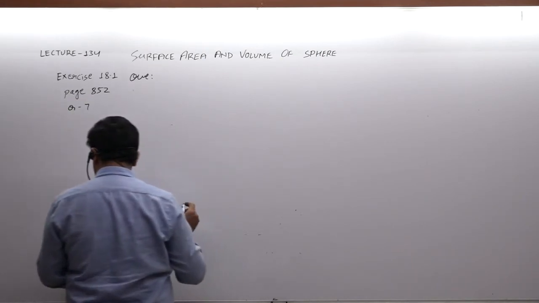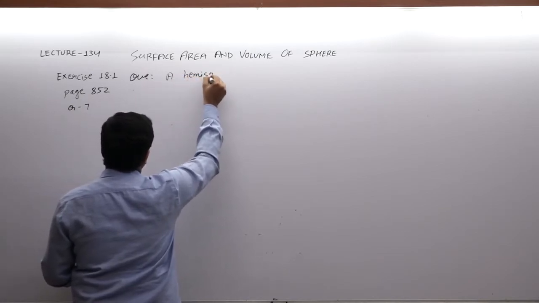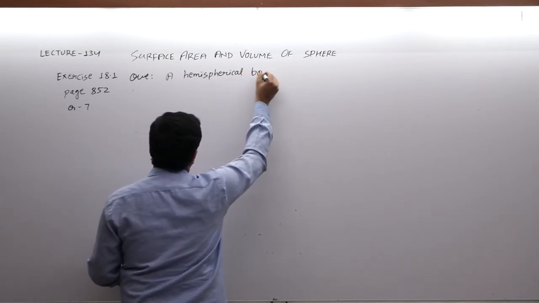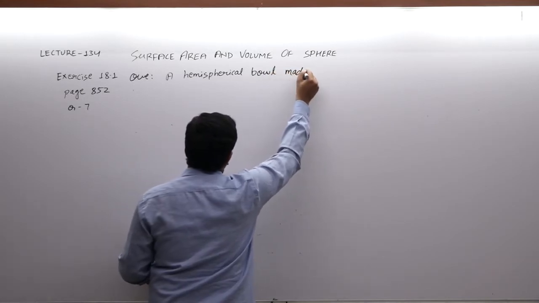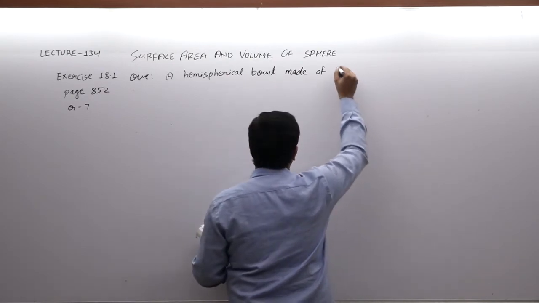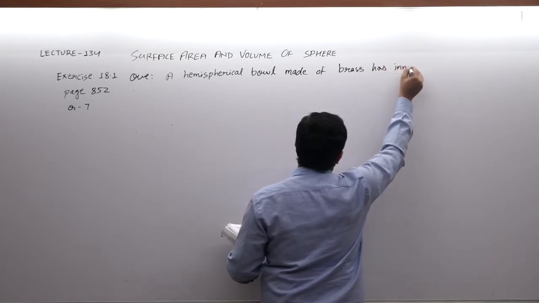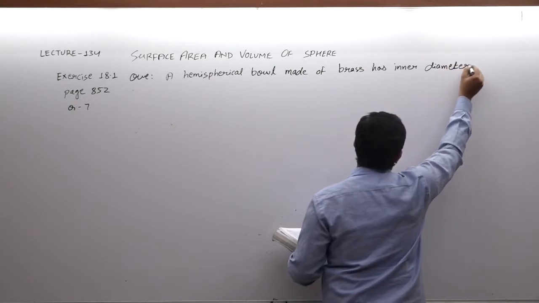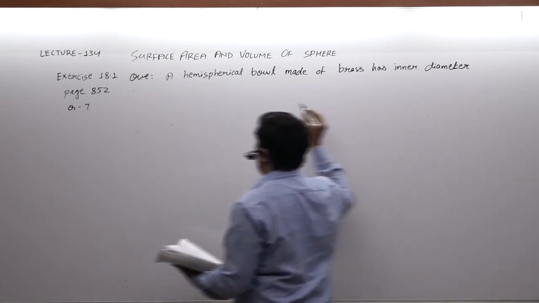A hemispherical bowl made of brass has inner diameter 10.5 centimeter.